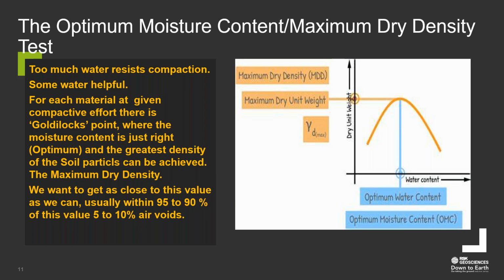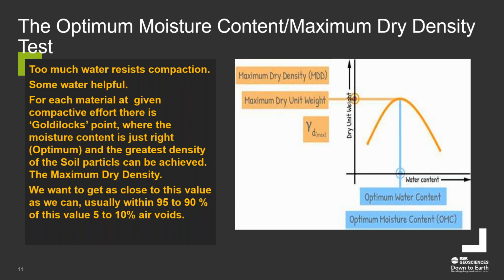So assuming that our material is acceptable, we then need to start looking at the compactive qualities of the material. As we mentioned, too much water resists compaction, but paradoxically, some water is helpful as it greases the particles, allows them to move over each other and reduces the friction between the soil particles.